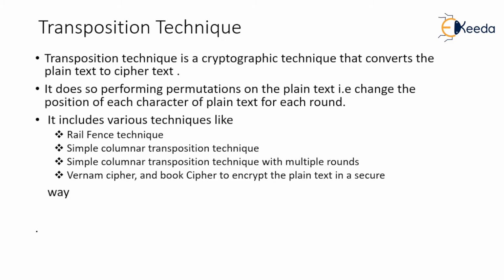First we will see what basically the transposition technique is. Transposition technique is a cryptographic technique that converts the plain text into the ciphertext. Very basic definition. Till now, all the ciphers and substitution techniques we have studied come under the category of cryptographic techniques only.